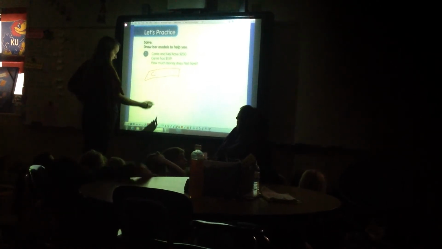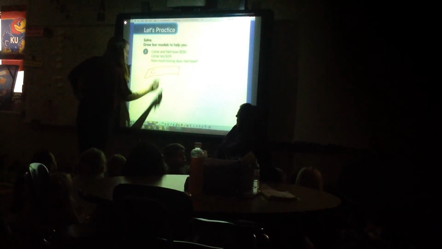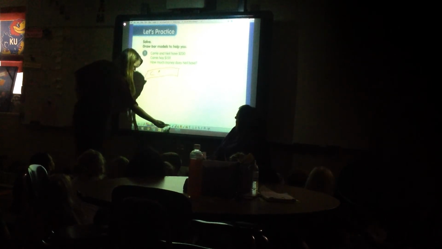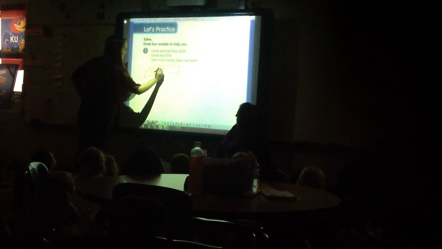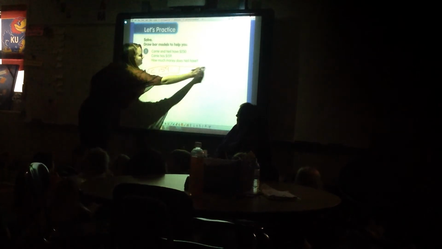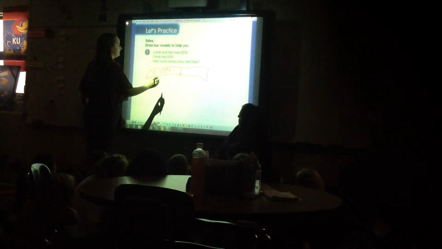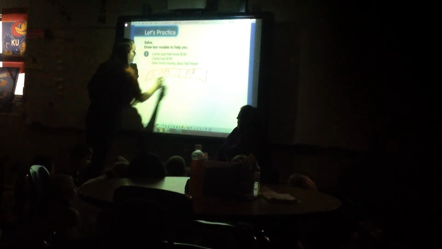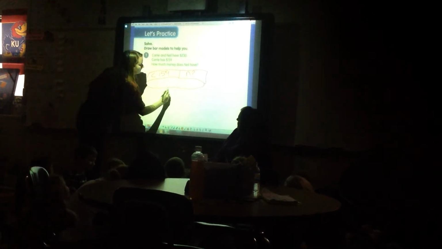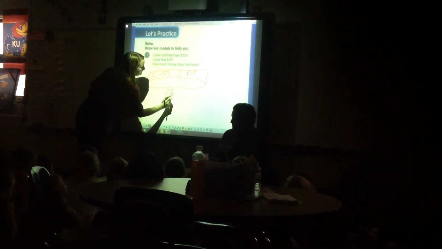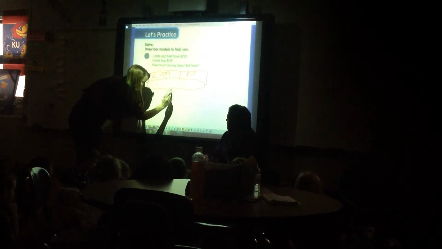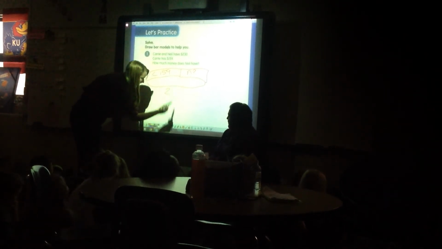Okay, Carrie has 159. And then we don't know what Neil has. We're looking for what Neil has. But we do know that they have 230. Well, alright. I do that a lot of times. Me too, don't worry.